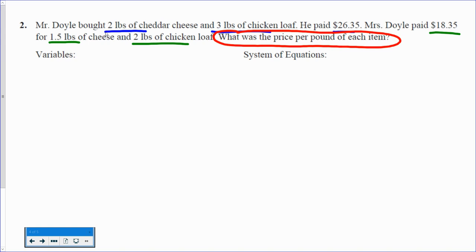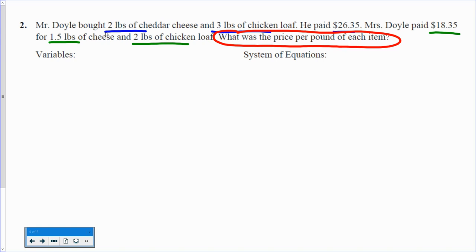Those are the things that we don't know. We've got 2 items that we don't know. So first thing I'm going to do is set up my 2 variables. Once again, you can use whatever letters you would like, or you can use letters that go with the things that we have in the problem. Once again, it's not going to be that great because they start with the same letter.